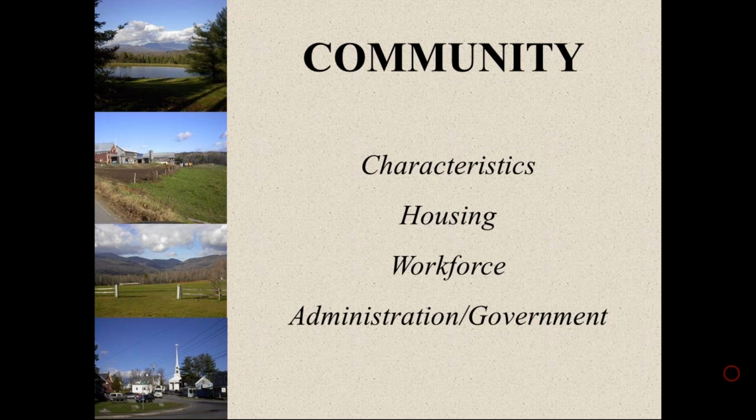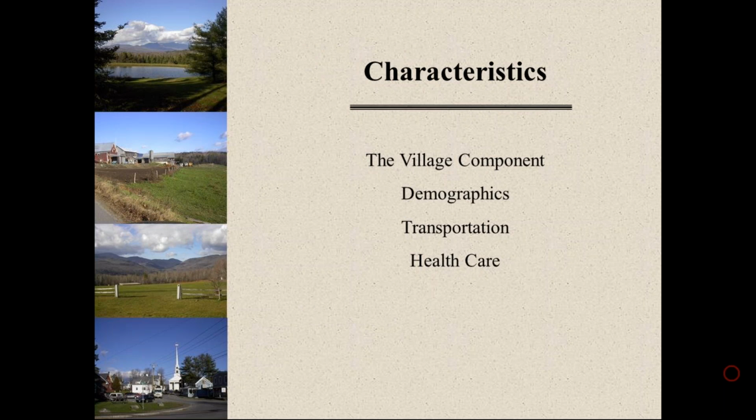So next we're moving on to the rural community or the small town community. Typically when you think of the rural community, you think of a quaint northeastern village or a small western watering hole.